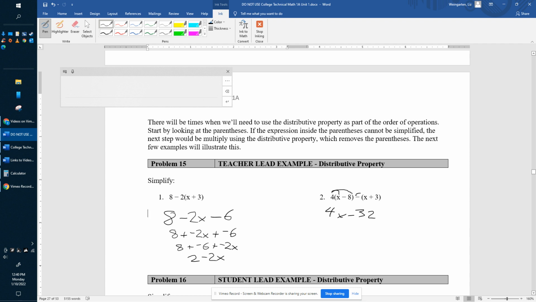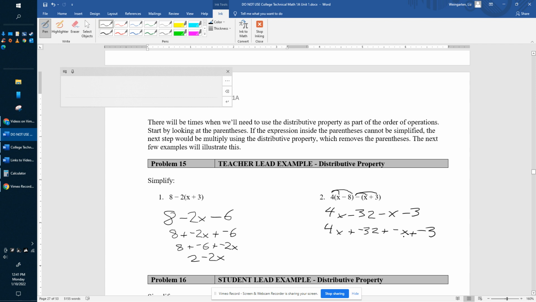Now we have to distribute this negative. So we're going to have a -x minus 3. Again, we can change all of the subtraction into addition by making it plus a negative. Plus a -3.